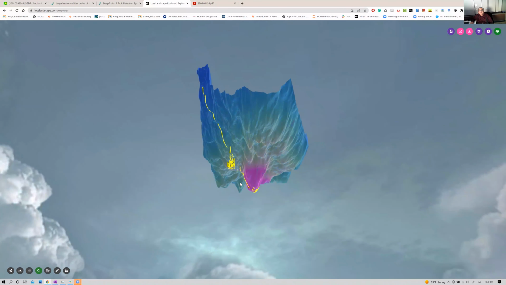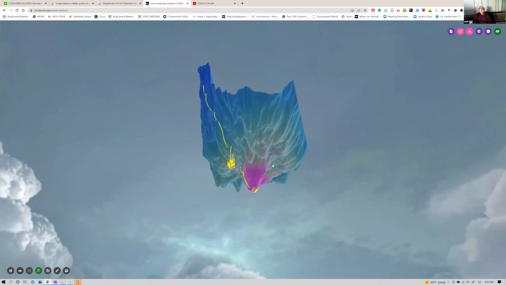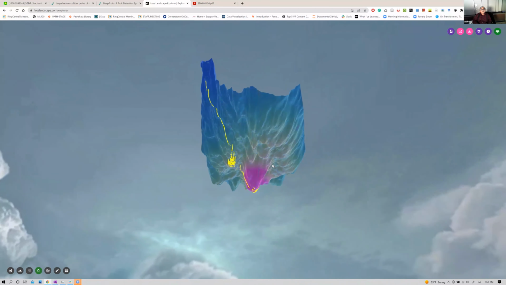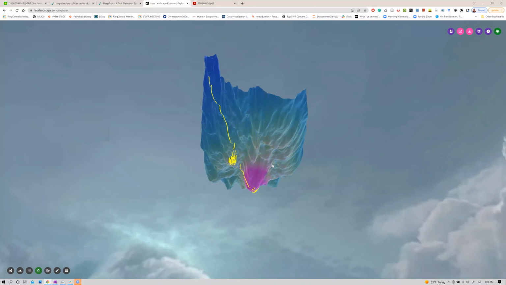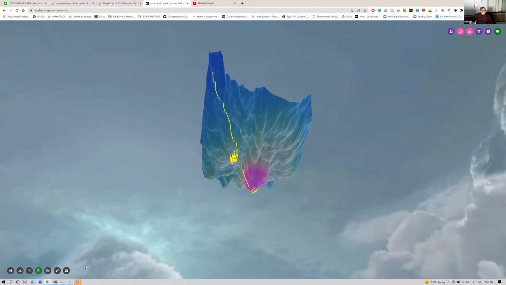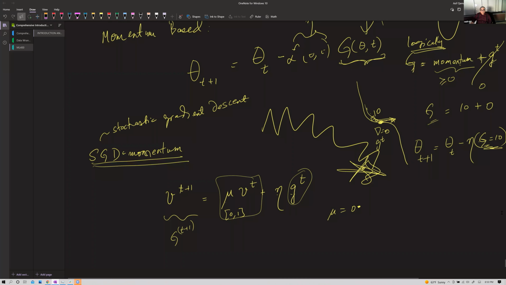So do you see the value of adding a momentum term to gradient descent, guys? This is the basic intuition. The rest is just algebraic equation. What we are saying is this is our new g_t.